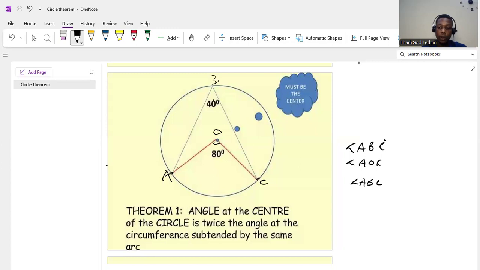Okay, so what this is saying is that the angle formed here, angle AOC, is 2 times angle ABC.